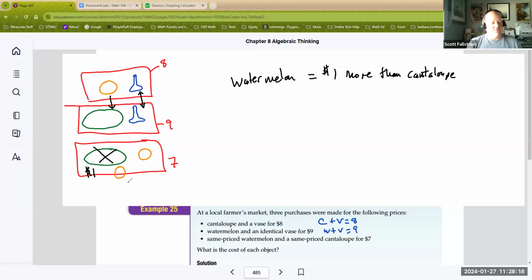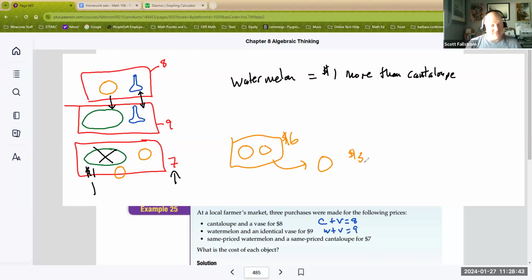So I could get rid of this watermelon. Now I have a cantaloupe plus $1 plus another cantaloupe. Well, why don't I just get that dollar out of here? I now have two cantaloupes, and because I gave the dollar away, two cantaloupes are going to cost me $6. Guess what that means? One cantaloupe is $3.